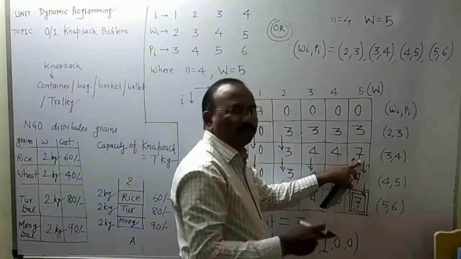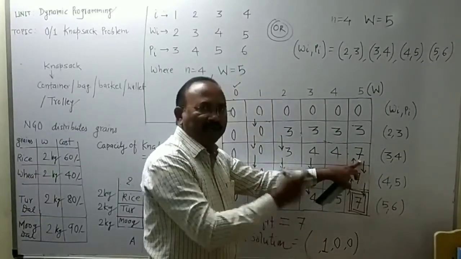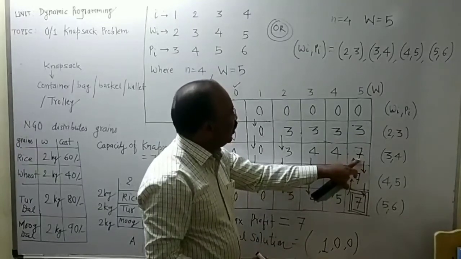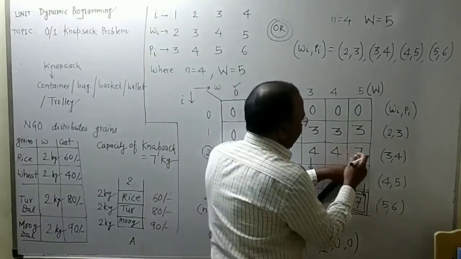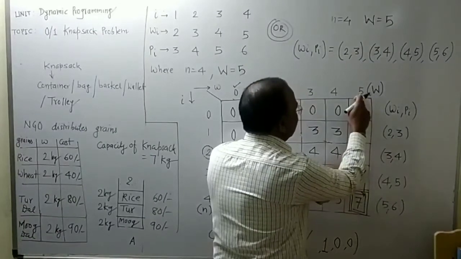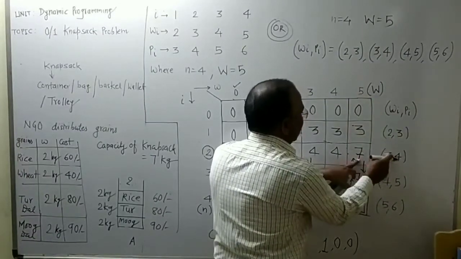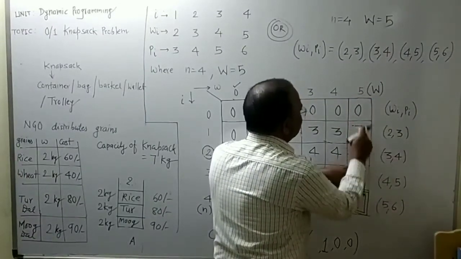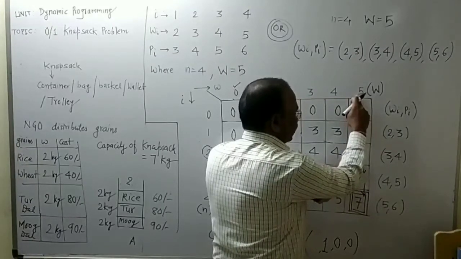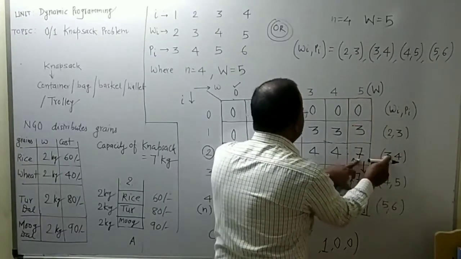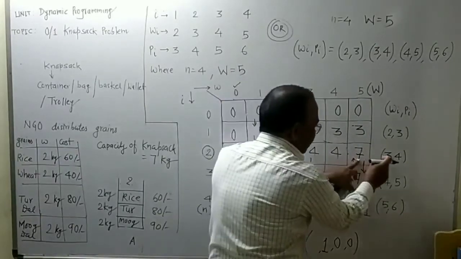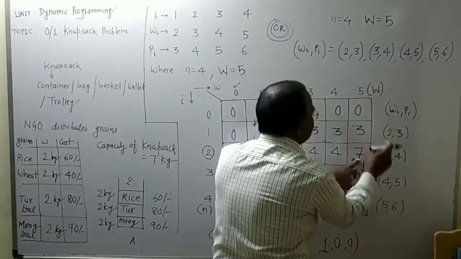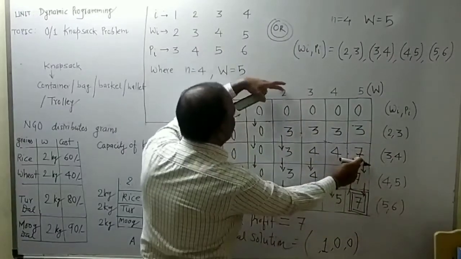We have to find another column. Now how to find another column? For that, we have to subtract 3 from 5, that is 5 minus 3. That is, column number minus weight of the current object. The weight of the current object is 3. 5 minus 3 is nothing but 2.